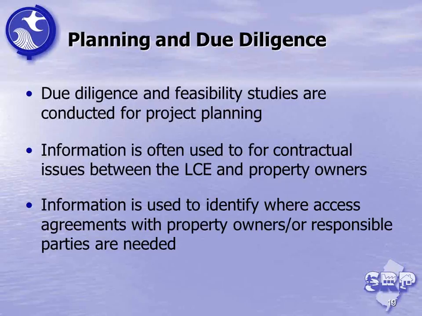Normally that's a business decision, one that's used to assess risk, and also, importantly, to determine whether or not a linear construction entity may want to take ownership of a property and undertake cleanup. So this is where the lawyers get involved with regards to contract negotiations for purchasing or easement, and also for access agreements should they want access to particular properties.